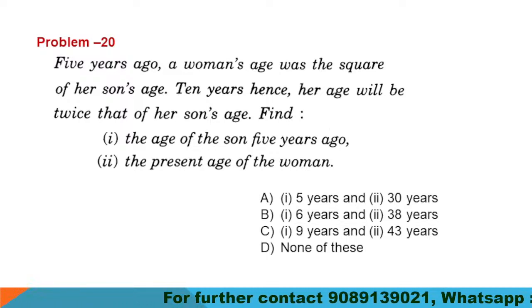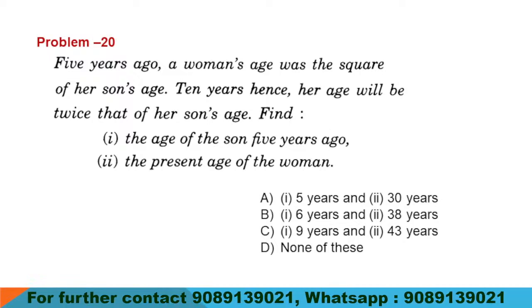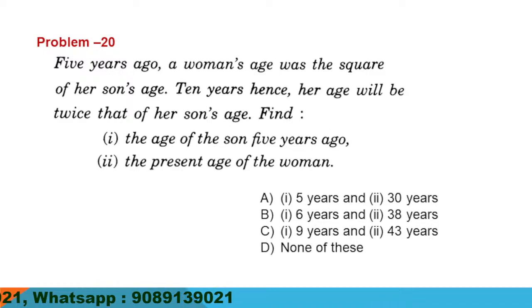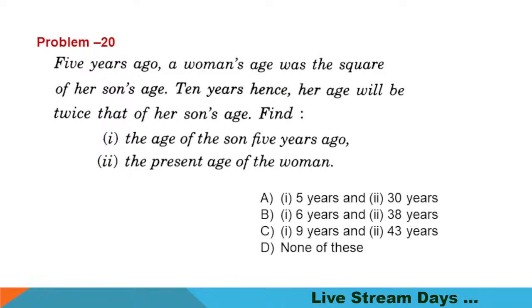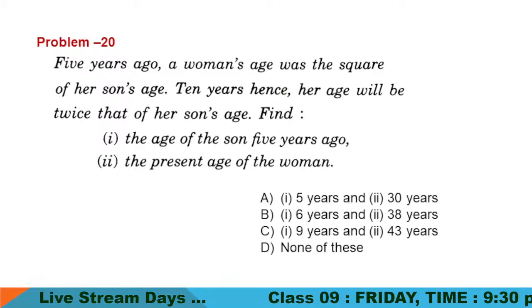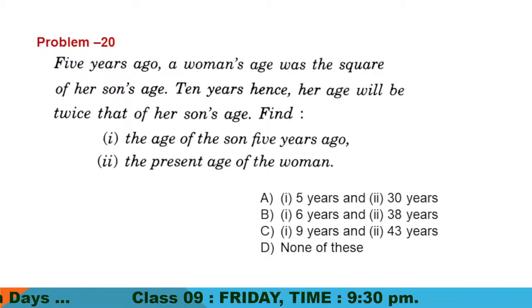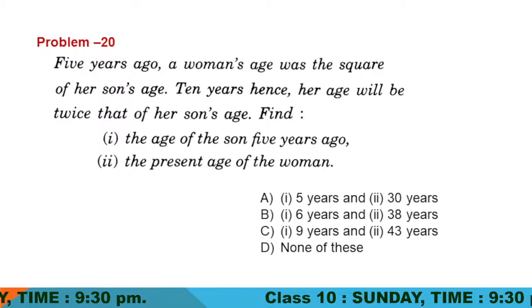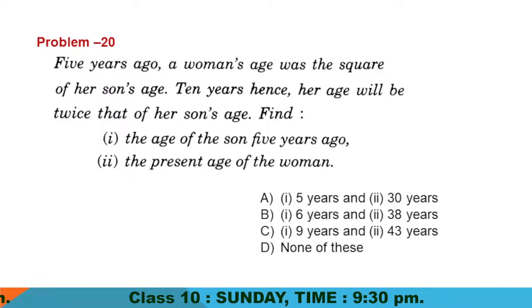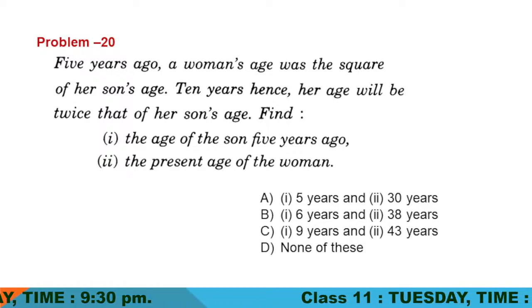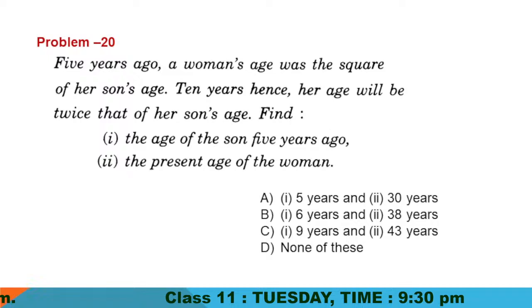5 years ago, woman's age was the square of her son's age. Okay. To do, first read the problem carefully. Look at the problem carefully first. Understood? And try to construct the equation.